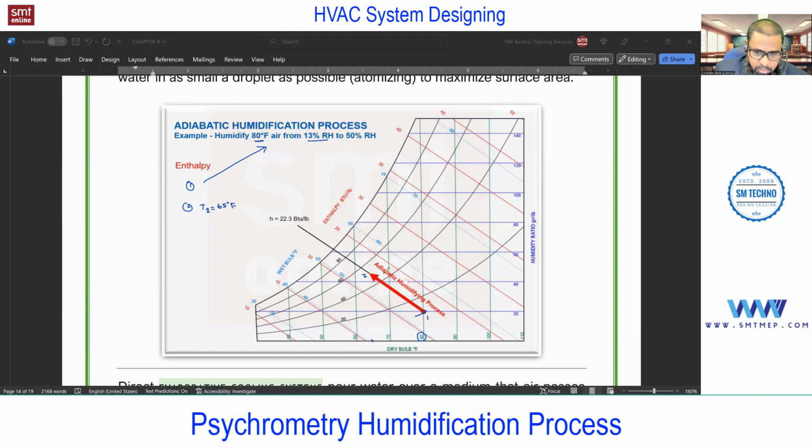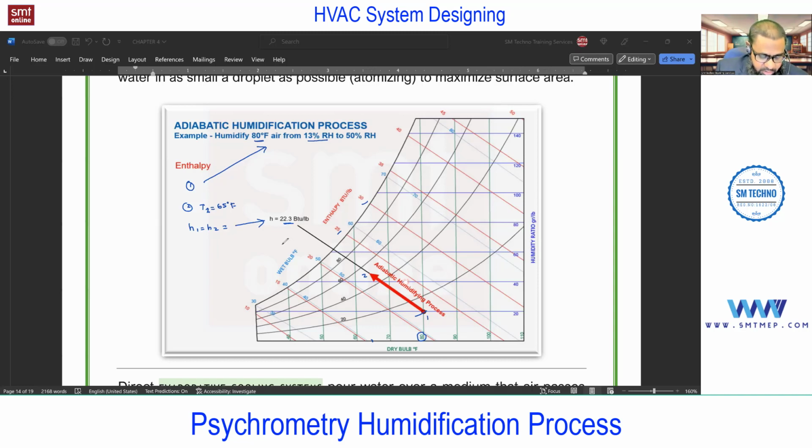Next, in this case, you see enthalpy. I can consider H1 equal to H2 because the line is going parallel to this inclined line. It means the enthalpy is not increasing, because these are the enthalpy points. So it's the same: H1 equals H2, which is 22.3 BTU per pound.